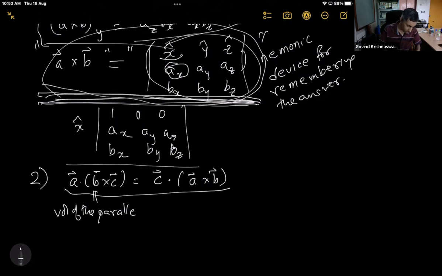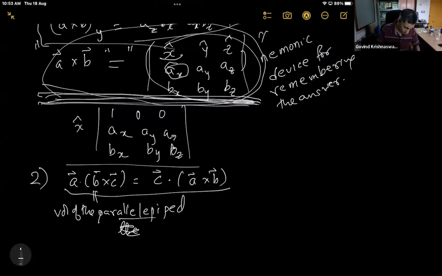The volume of the parallelepiped. I hope I got this spelling right. Anyway, let me not attempt to correct my spelling.